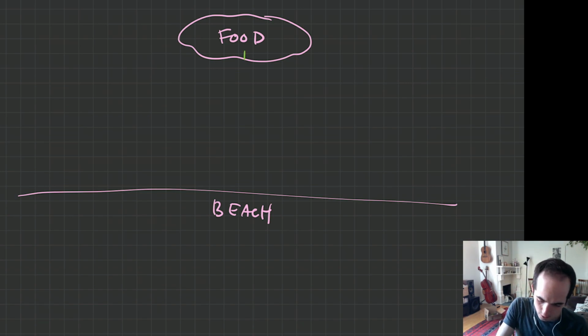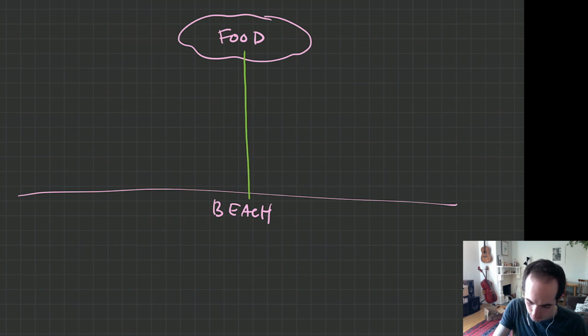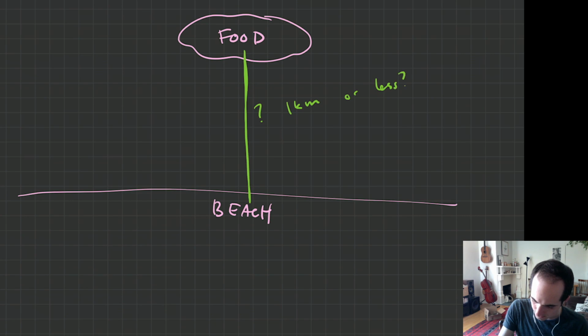Well, that would be this length here. If you were stranded on an island, maybe you know that you can swim 1 kilometer. After 1 kilometer you're going to drown, but 1 kilometer you can make it. So you could ask, is this 1 kilometer or less?